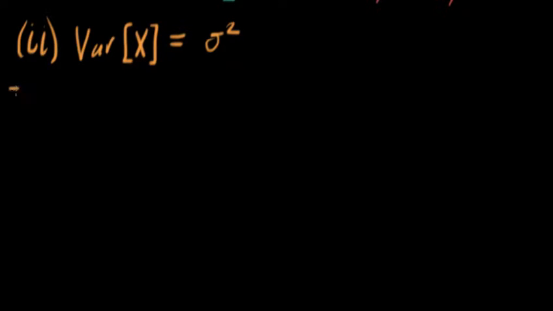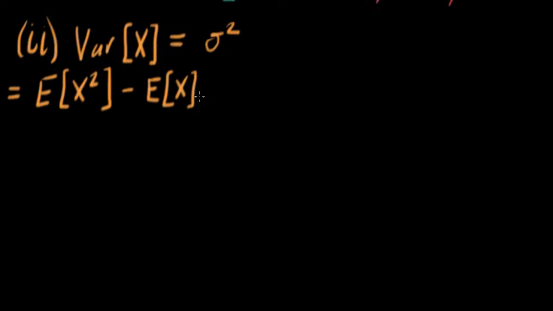Well, we know that one way to calculate variance is the second moment subtract the square of the first moment. And we just calculated the first moment. We demonstrated that it's mu, so this is mu squared.